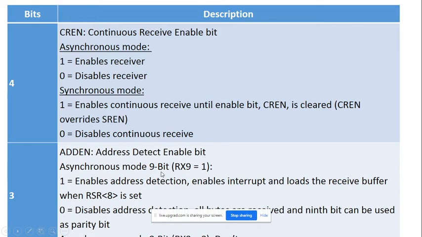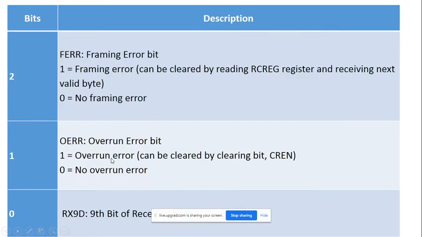Suppose you are using the ninth bit, then you can mention the location of the ninth bit with the help of this particular bit. Next one is bit number 2, that is the framing error bit. You are using asynchronous mode, means you are not sending data directly. You are first placing the data into the transmit buffer register.